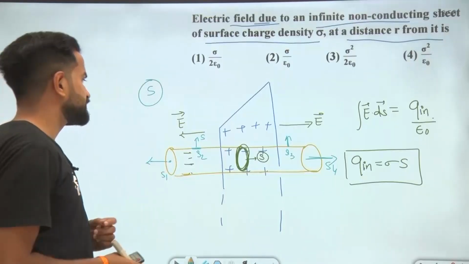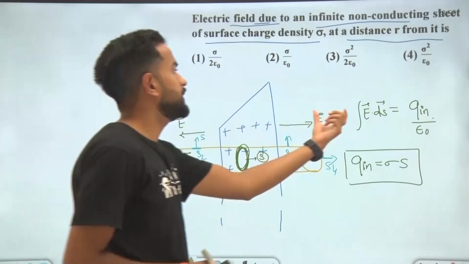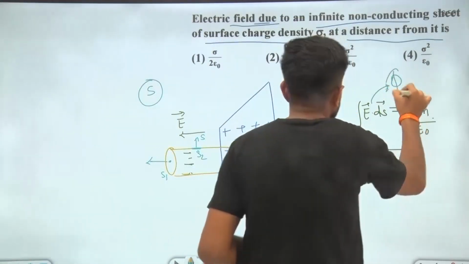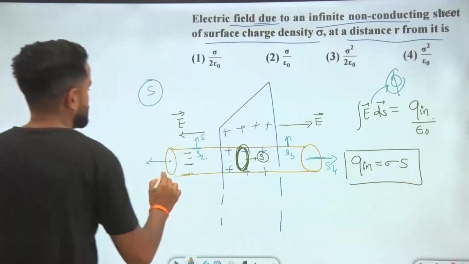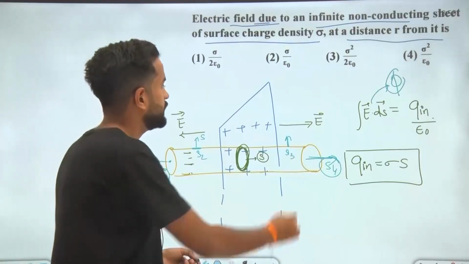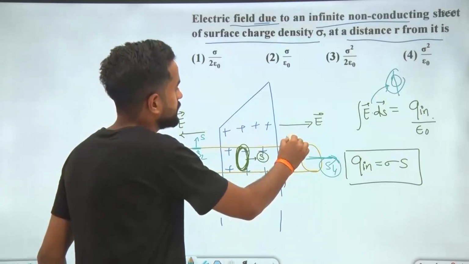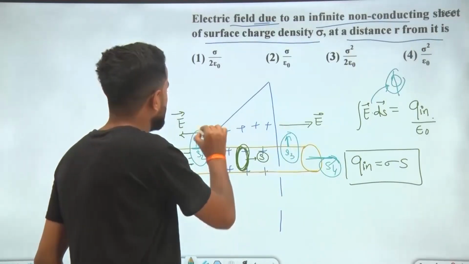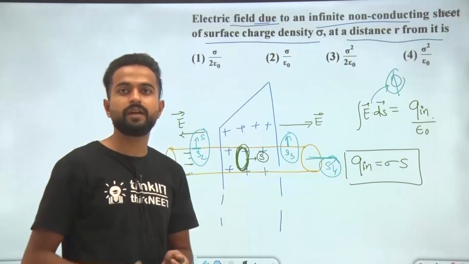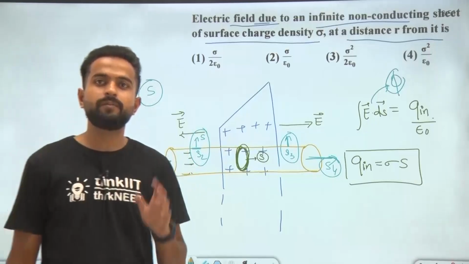Now the integral E dot dS also represents flux phi. If I talk about the electric flux due to surfaces S3 and S4, then it will be 0, because the angle between the electric field vector and the area vector is 90 degrees, so the dot product will be equal to 0.